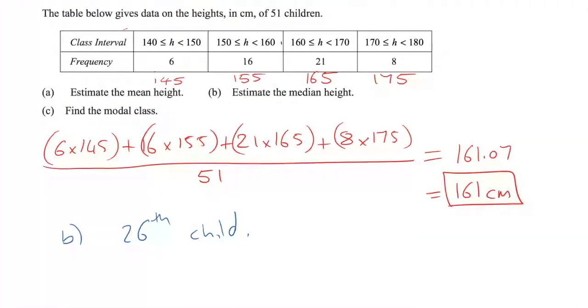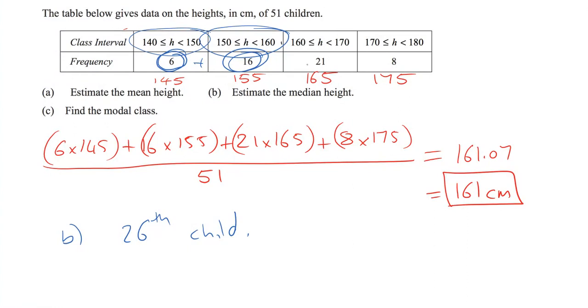So let's count through the data. The first 6 children, the smallest ones, are all between 140 and 150. Then the next 16 are all between 150 and 160. So in total, that is going to be 22 children that are shorter than 160.